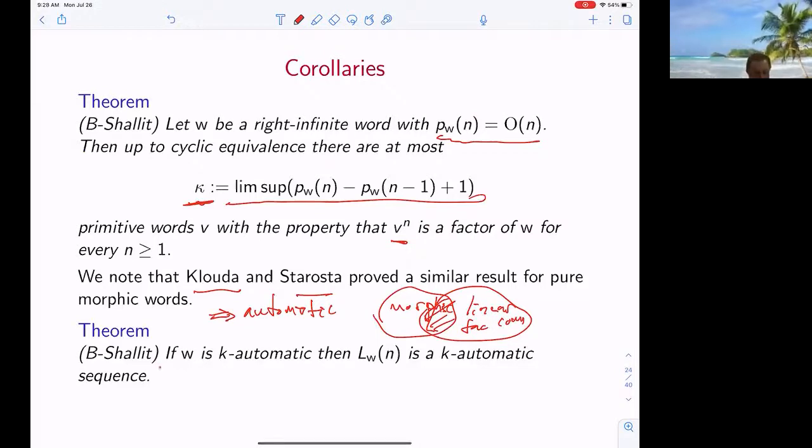And the other result, and this is really where Walnut can come into play, is that if W is a k-automatic word, then this LWN is also a k-automatic sequence.